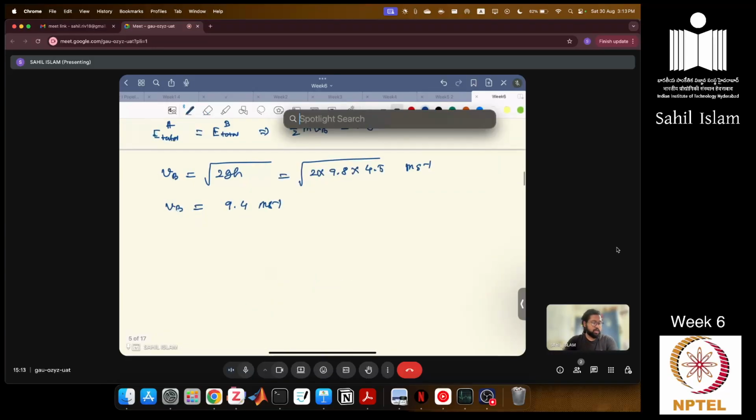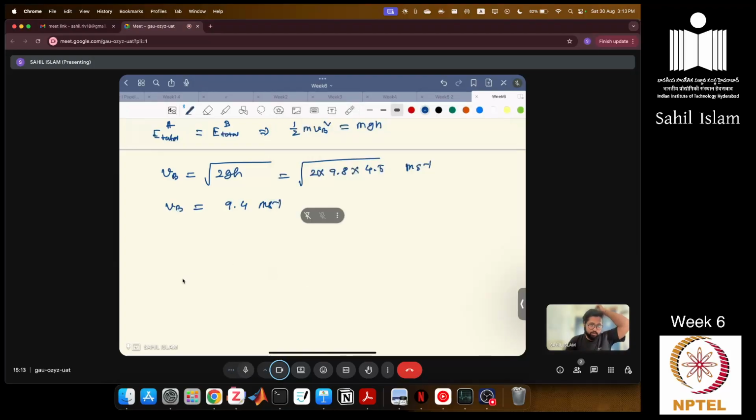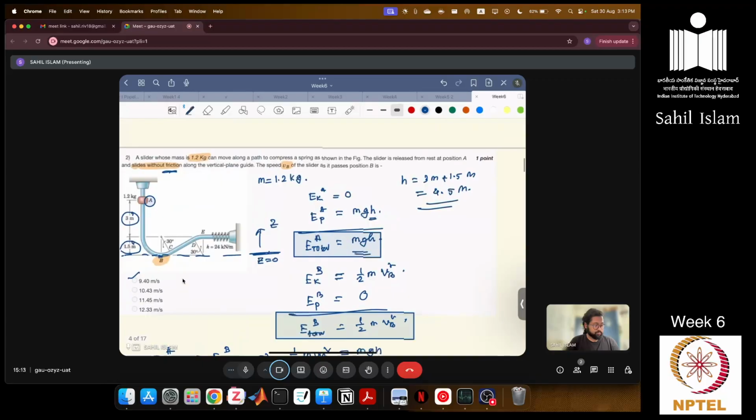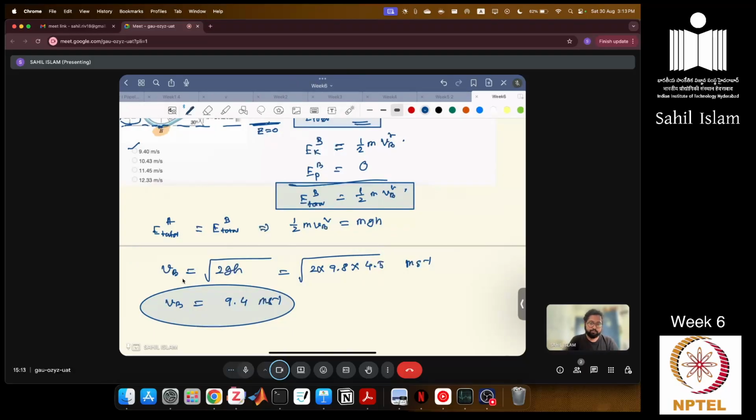Square root of 2 times 9.8 times 4.5 is 9.39, which is 9.4 meter per second. So this is our answer. Fine. Simple problem, just do an energy conservation and you are good to go.